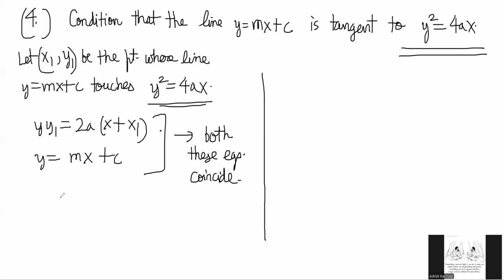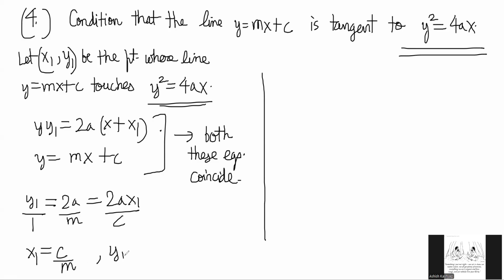If these equations coincide, we can compare the coefficients and say y1 by 1 is equal to 2a by m is equal to 2a x1 by c. From here, we can see that x1 is equal to c by m and y1 is equal to 2a by m.